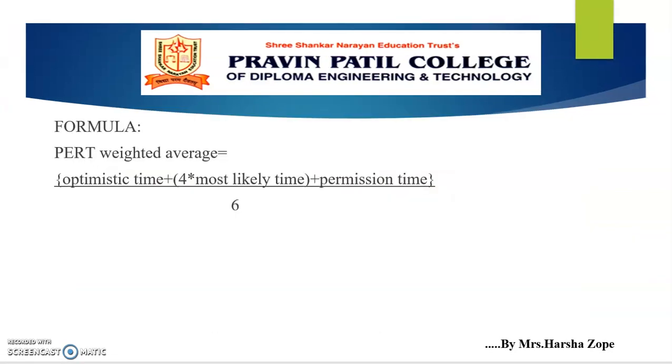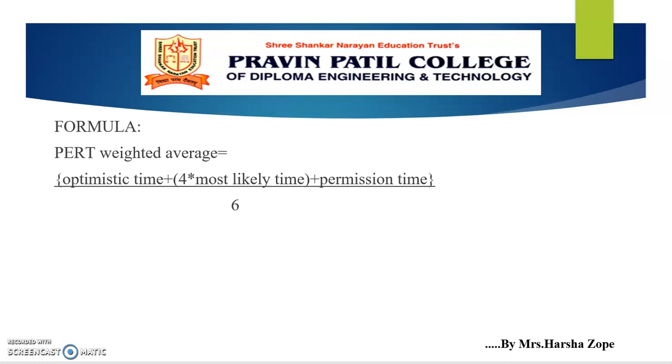Then we'll see the formula to calculate PERT. The formula used in PERT to calculate the number of working days is based on 3-point estimates. The 3-point estimates are optimistic, most likely and pessimistic estimates.